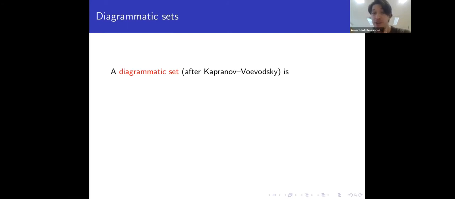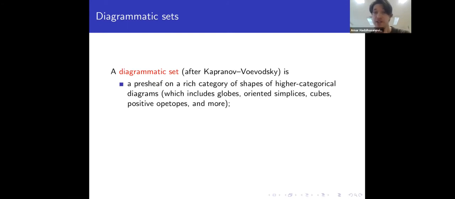So one way of seeing a diagrammatic set is that it's a presheaf on some category of shapes of higher categorical diagrams that's particularly rich.